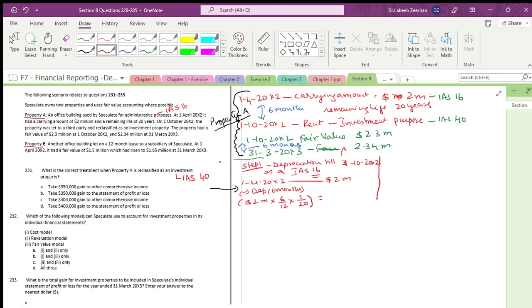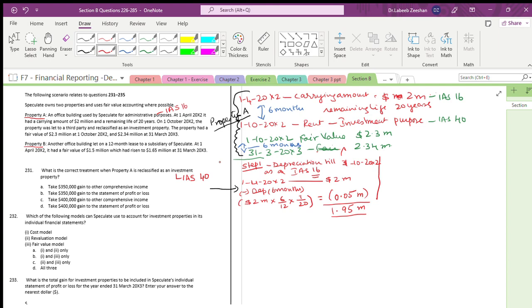It comes to 50,000, which means 0.05 million. How much will you get? 1.95 million.